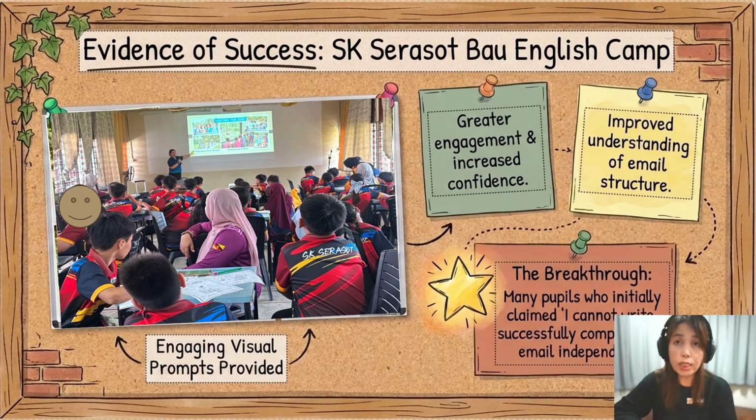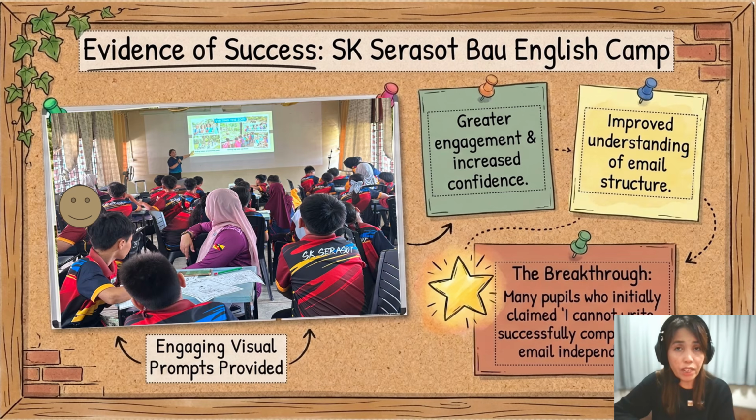This model was applied during the English camp at SK Rasut. The photograph on this slide provides classroom evidence of pupils engaging with the visual prompts, discussing ideas, and completing the writing activities.